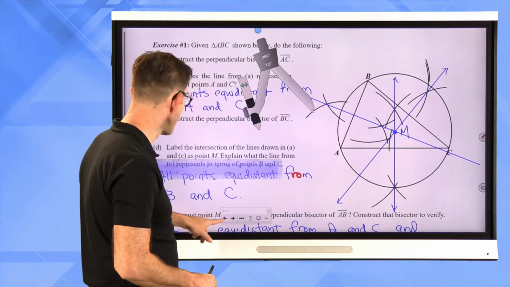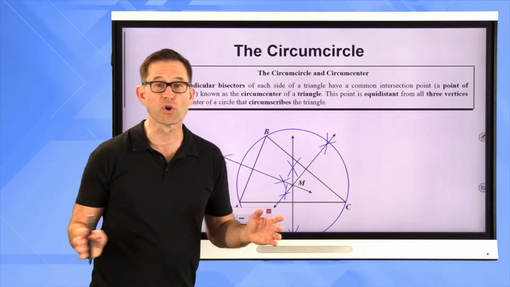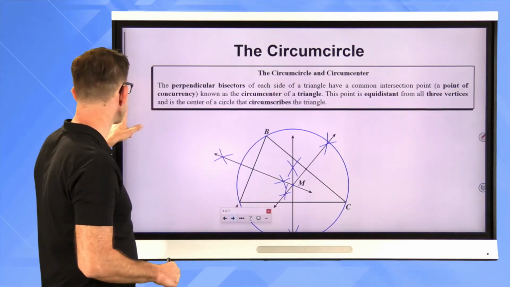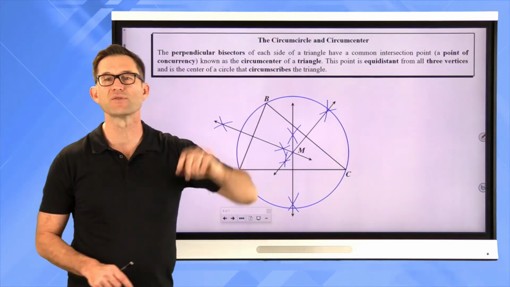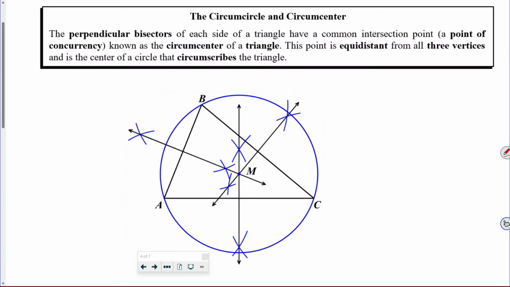So let's summarize all this. The circumcircle, and a better picture of that thing that I just drew, a little bit better here. Let's talk about the circumcircle and the circumcenter. The perpendicular bisectors of each side of a triangle have a common intersection point, a point of concurrency, known as the circumcenter of a triangle.